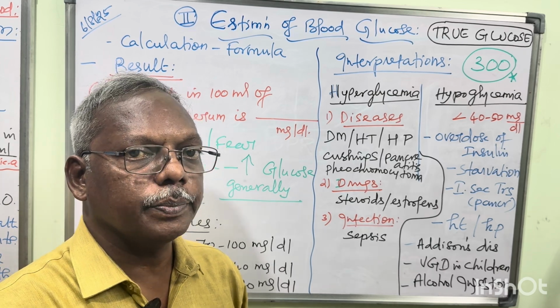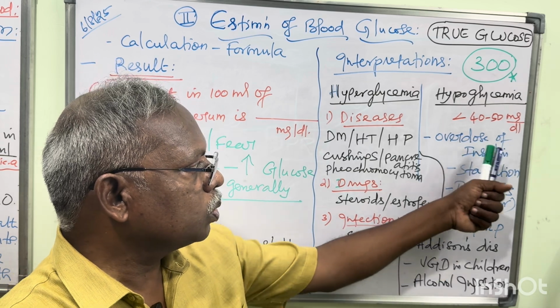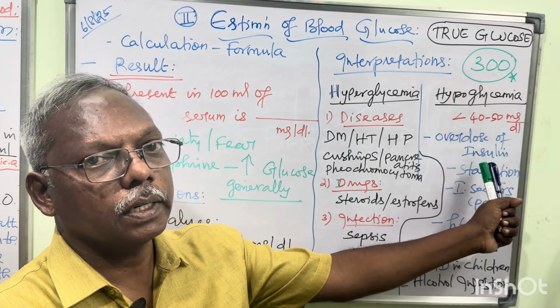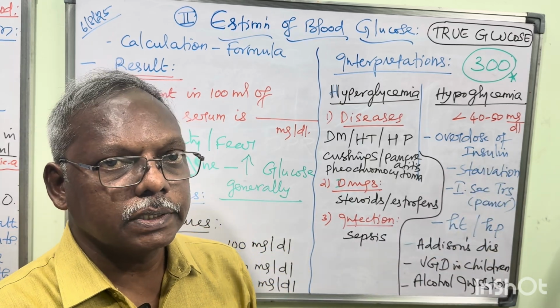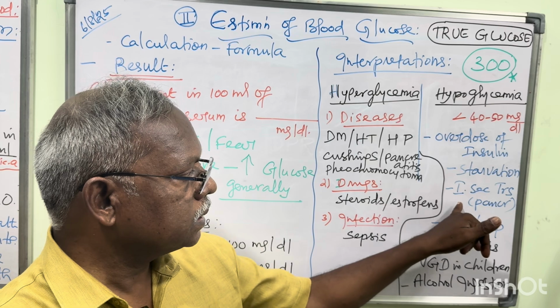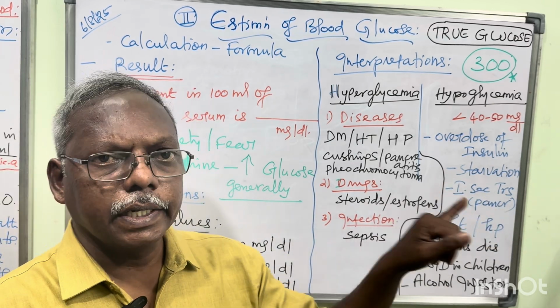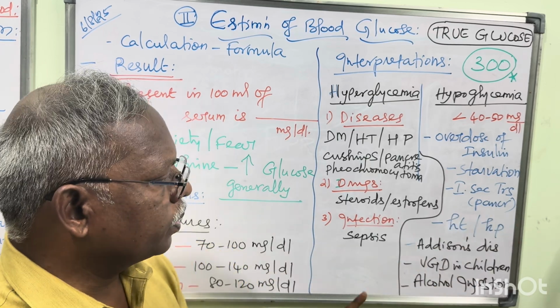That time only the patient will go for hypoglycemia normally. So overdosage or accidental increased dose of insulin. Second one is starvation, there is no glucose. Third is insulin secreting tumors, that is pancreatic tumors, obviously hypoglycemia.